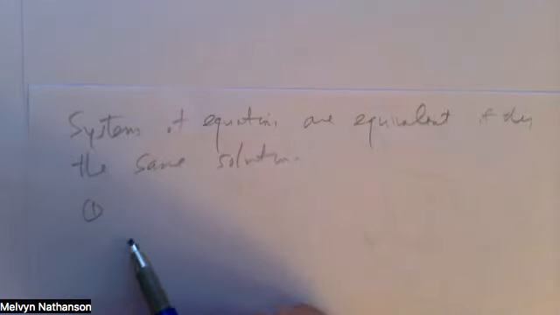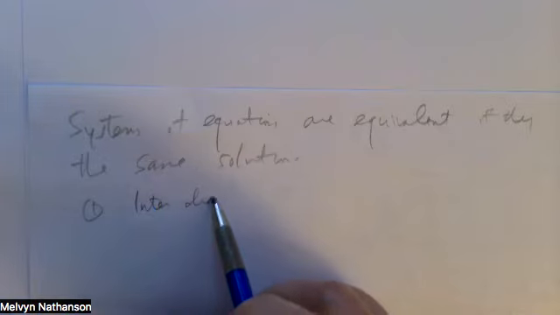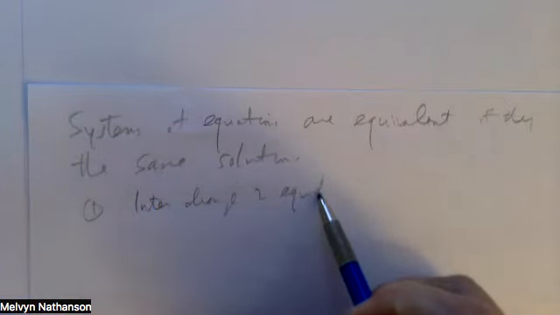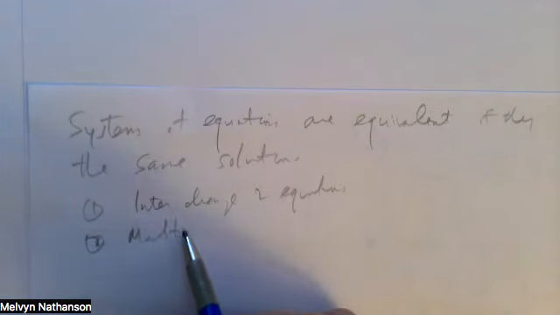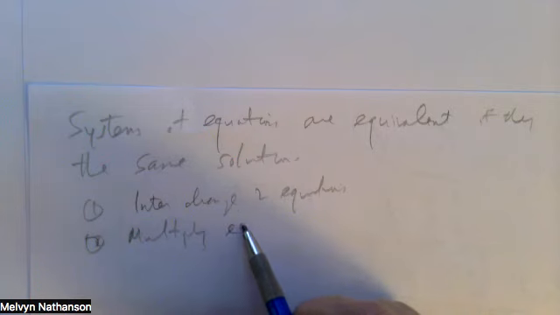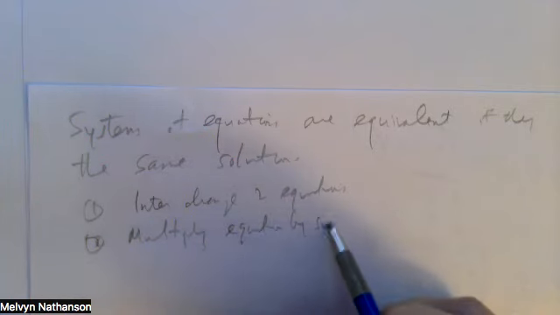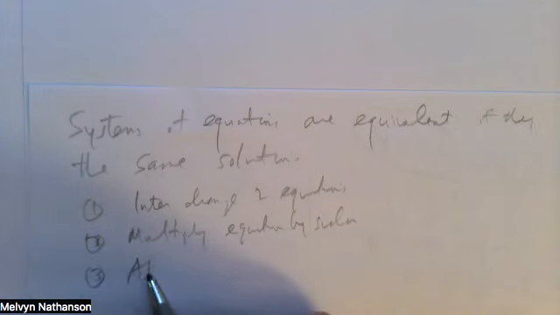And what can you do to a system of equations? How can you change it in such a way that you don't change the set of solutions? You get equivalent systems. We had 3 operations. You can interchange 2 equations, multiply an equation by a scalar, or add a multiple of one equation to another.